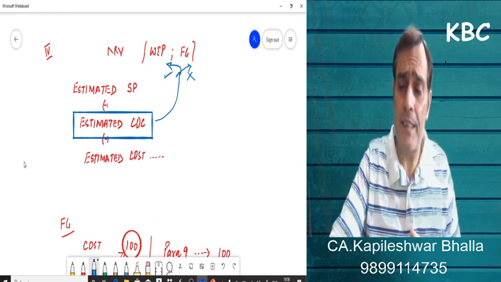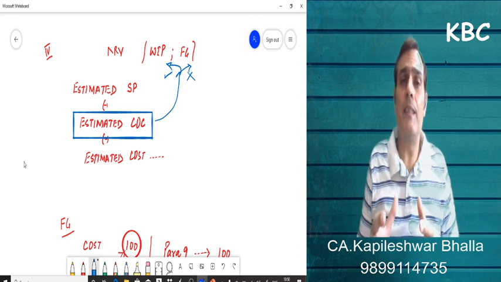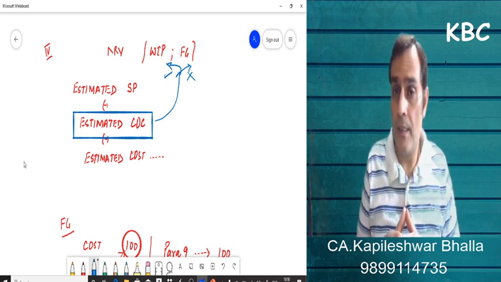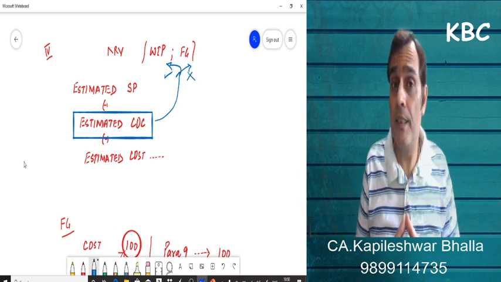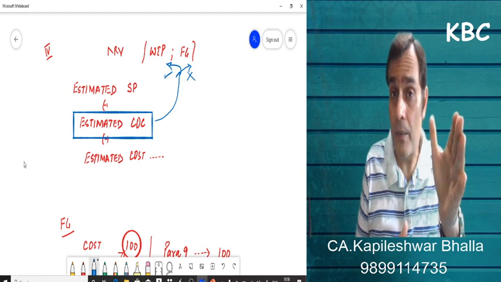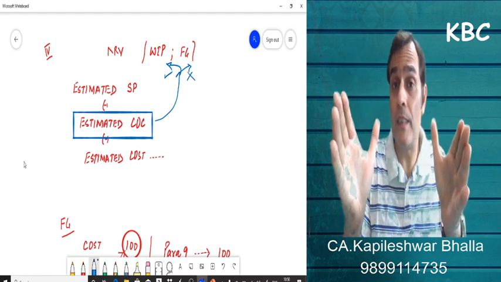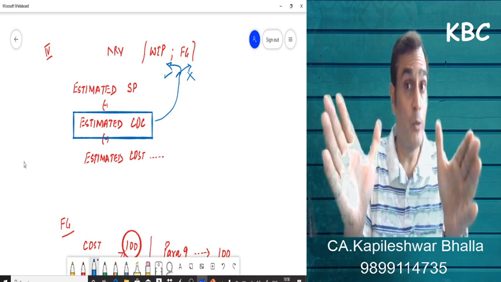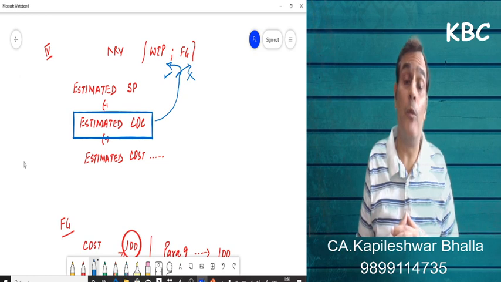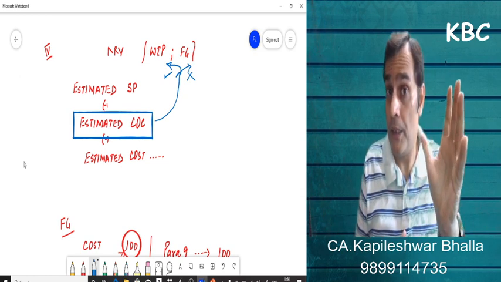Which means we can certainly say one thing at this point: when you are calculating the net realizable value of the FG, you would take the estimated selling price of the FG minus the estimated cost necessary to make the sale. Don't worry, I'm going to document that. And when you consider the NRV of WIP, you take the estimated selling price of FG, mind you.